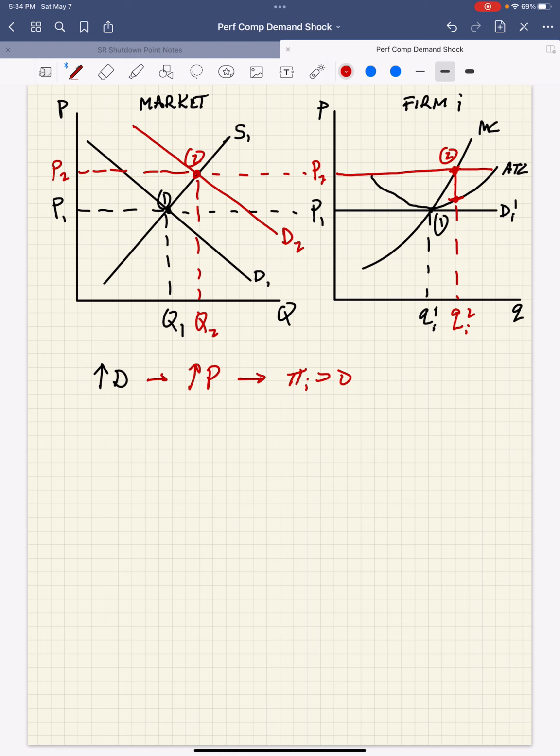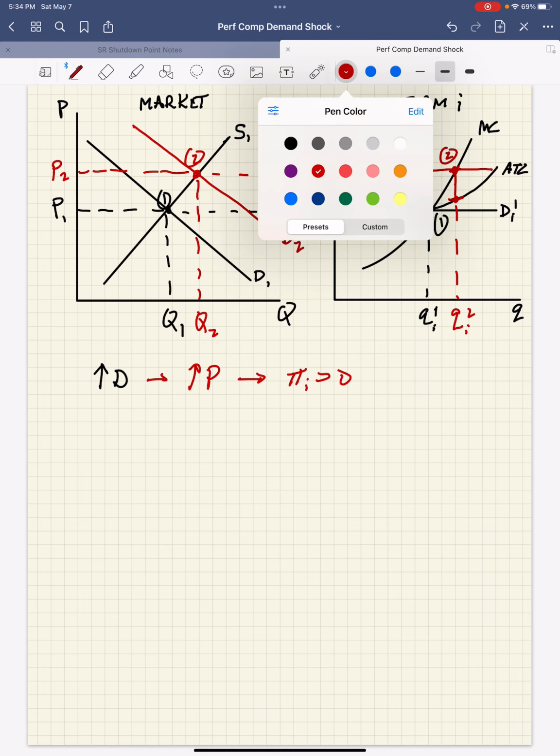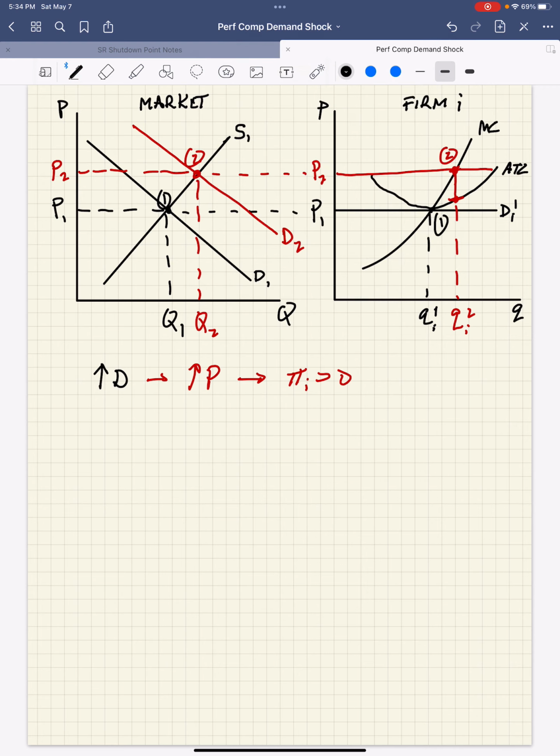And so just remember the quantities on the left, the market quantities, are the sums of all of the individual firms' levels of output, right? So we could write big Q1 is the sum of all the little Q_i1, where i goes from 1 to, call it, N1.